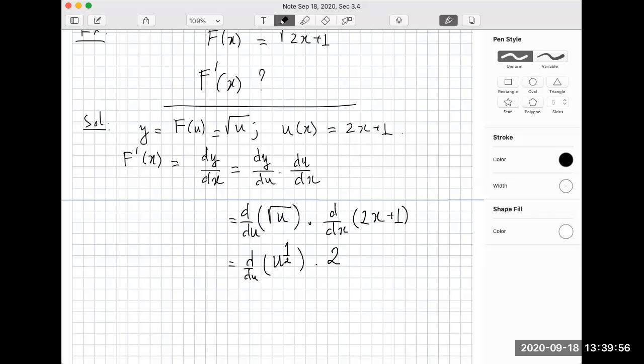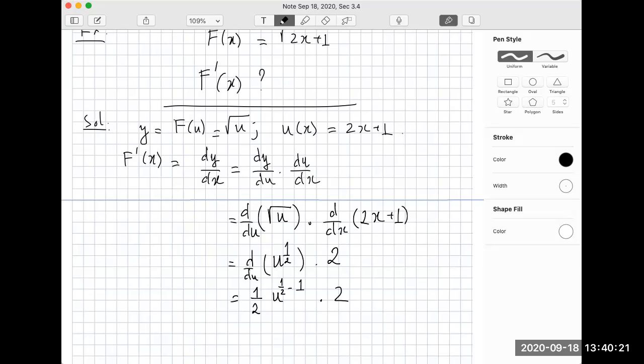And here, u to the 1/2, and d over du is similar to the variable x, right? It will be the power of this, it is 1/2, and u to the 1/2 subtract 1, right? And the number 2, we just rewrite it here.